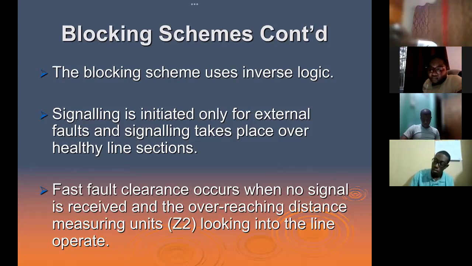And if the fault is external, it means that we are going to be sending this signal, the block signal, on a line that is fully in service. And this is helpful if we are using power line carriers. And the power line carriers, all they are doing is superimposing the signal on the power line itself. So if you are able to do that, then hey, the battle is won.